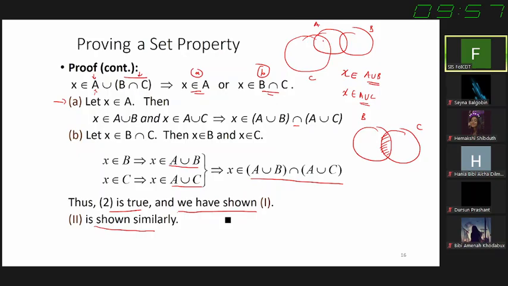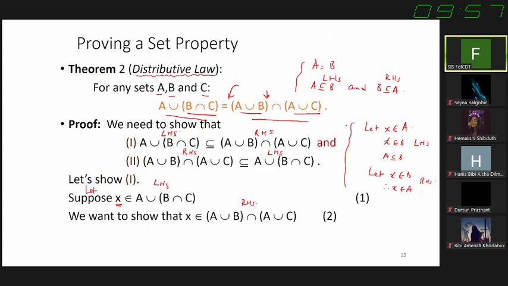Okay. Definitely you can understand it better whenever you have the exercises, but I'm just explaining the concept here. So if you've understood the distributive law, we're trying to prove the distributive law. We're doing two things here.